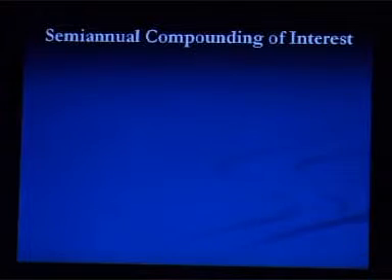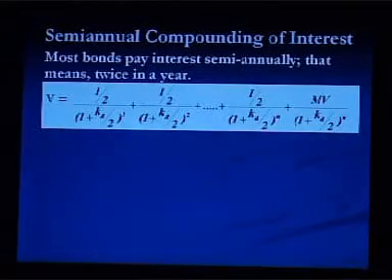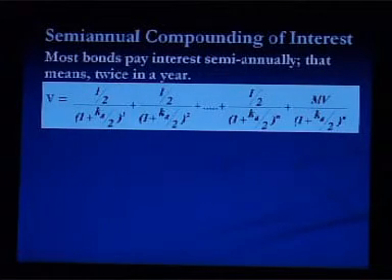Semi-annual compounding of interest. Most bonds pay interest semi-annually, that means twice in a year. In that case, the formula will be changed like this, where I will be divided by 2, that means the coupon will be divided by 2, and also the required rate of return KD should be divided by 2 in all the cases of the formula.